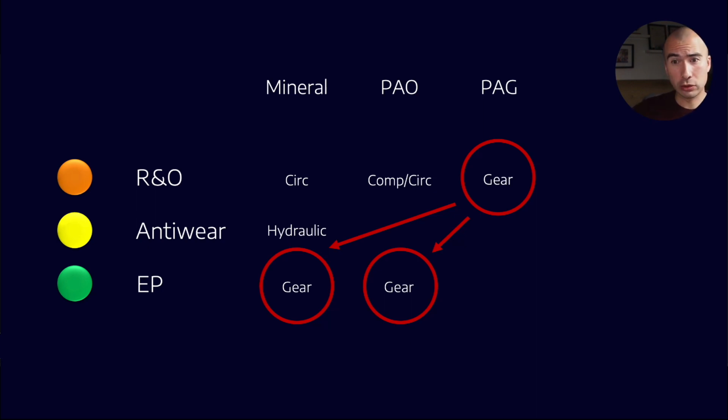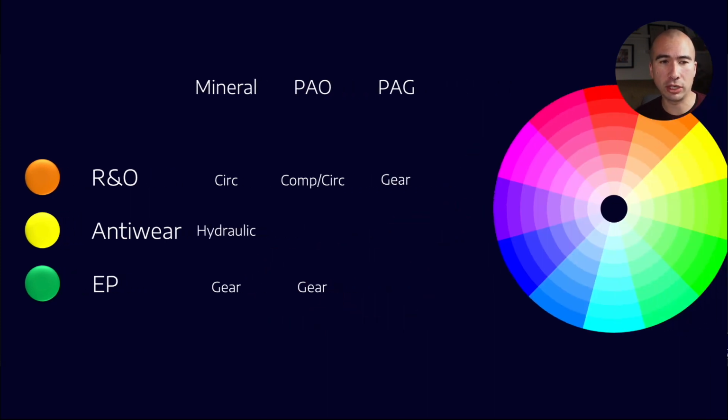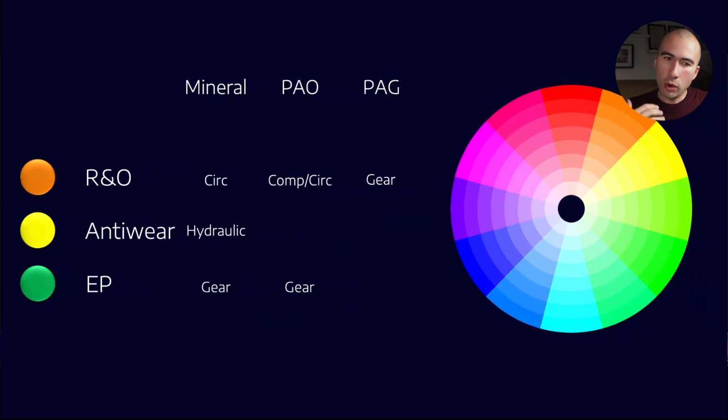We want to make sure that those colors are as far away from each other as possible. And so what we can use is the color wheel, because opposite sides of the color wheel are what we call, what is the opposite of complementary? They're opposite of each other. And so blue and orange have the most contrast, and therefore you're less likely to mistake them. So we want to try and use the color wheel to develop our color coding system.